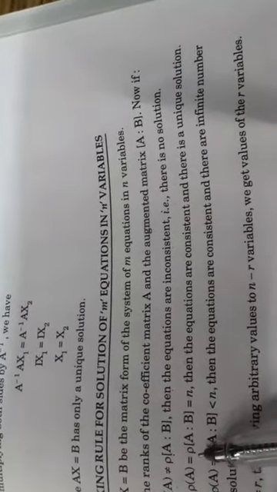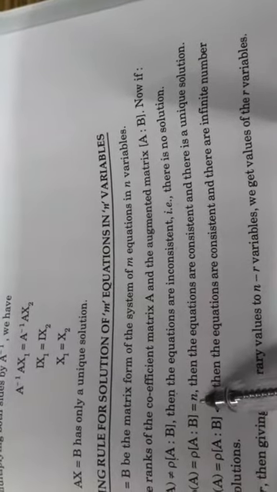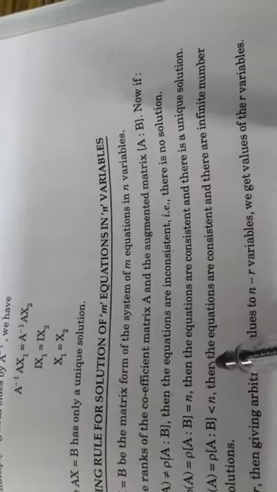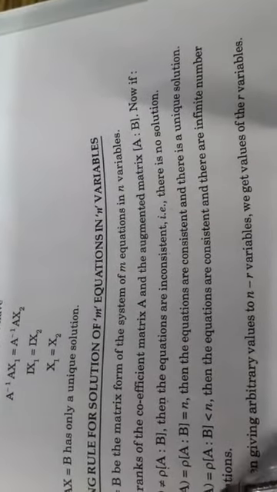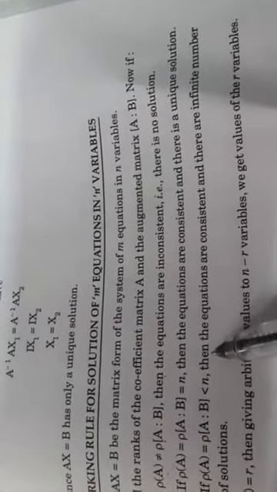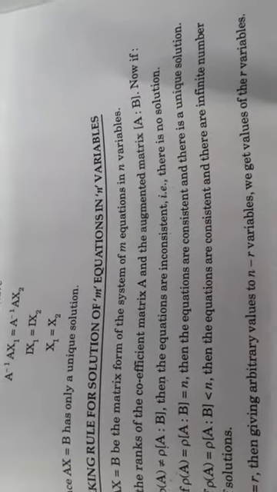If the rank of A is equal to the rank of A augmented B is equal to n, where n is the number of variables, then the system is consistent and has a unique solution. If the rank of A is equal to the rank of A augmented B is less than n, then the system has infinitely many solutions.